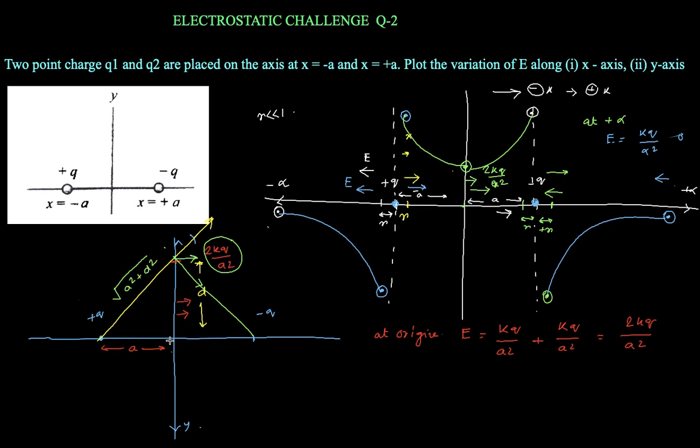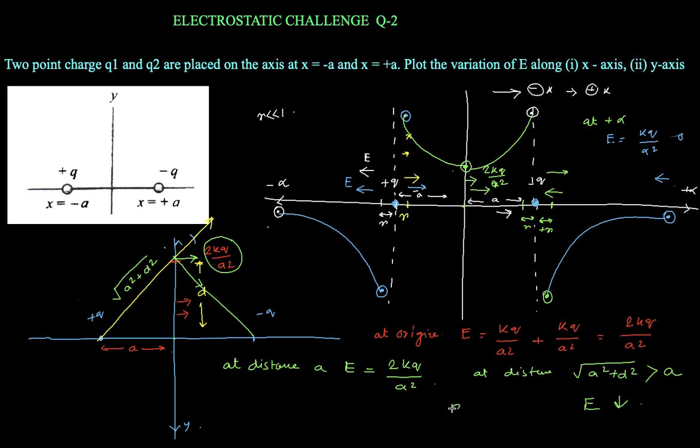So at distance a, what is the electric field? At distance a, E is equal to 2kq by a square. Now at distance square root of a square plus d square, which is greater than a, the electric field decreases.